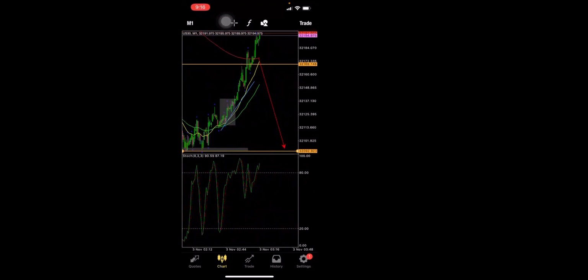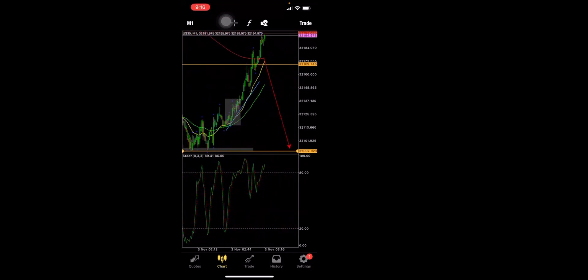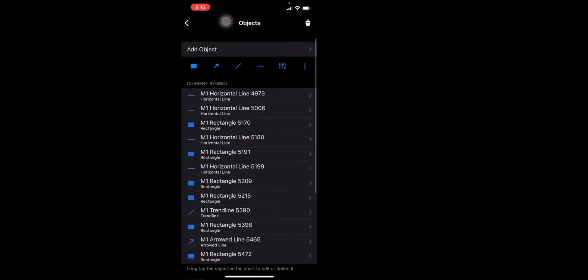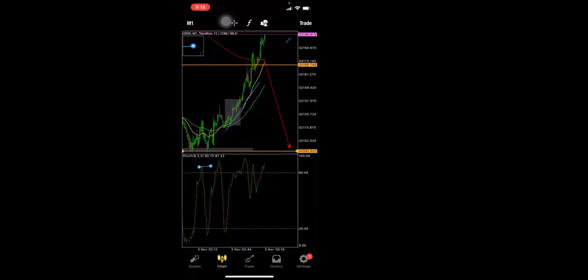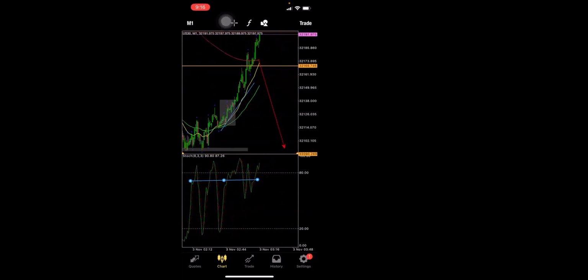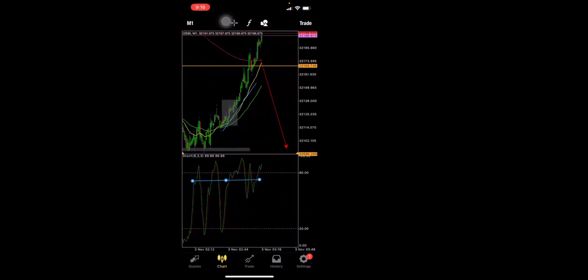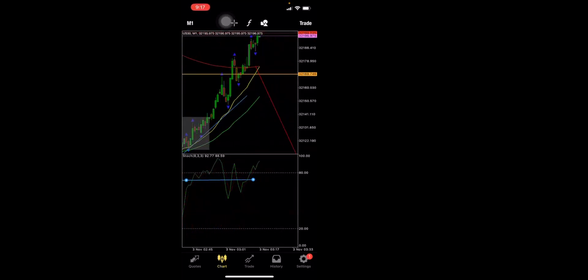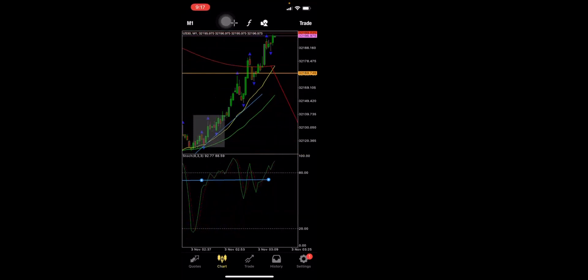I'll be looking for a sell around this region because we have a lot of equal highs on this stochastic indicator. As you can see, it's above the 80, and that basically indicates that it's quote unquote overbought.